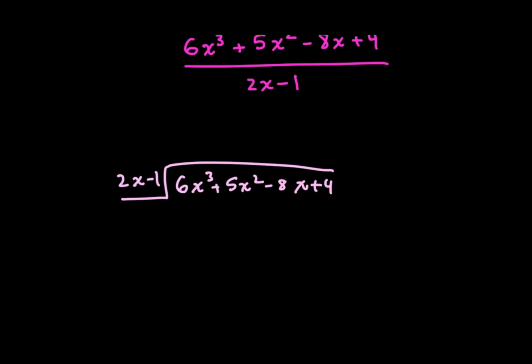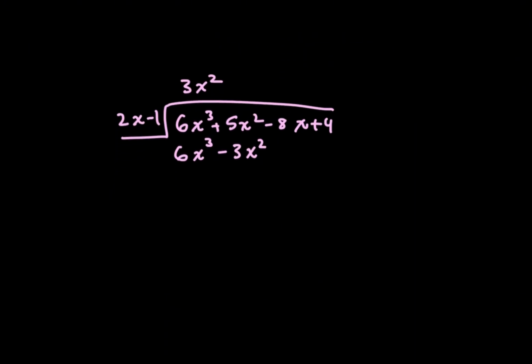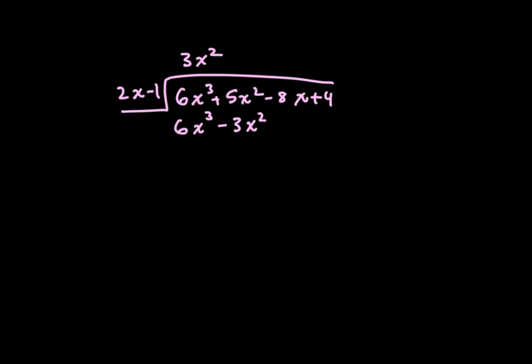The purpose of this is to get rid of the first term so I can divide everything else. So what do I multiply by 2x minus 1 to give me 6x cubed? It's just 3x squared. If I multiply 3x squared by 2x minus 1, I get 6x cubed minus 3x squared. And to get rid of that term, I subtract.